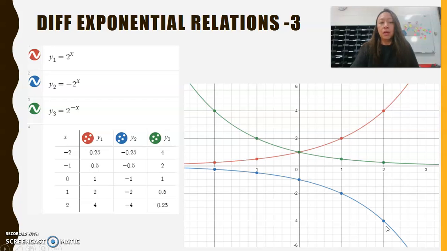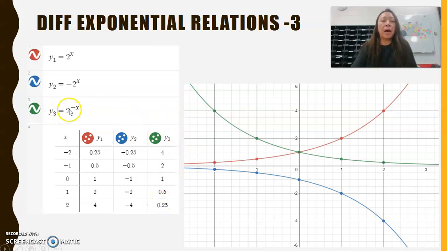Let's now look at the third equation, which is y equals 2 power -x, and compare it to the first equation. Can you see that there's a negative sign in front of the exponent? How does this affect the corresponding y values?